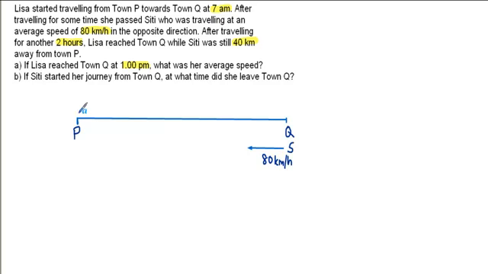S for Cici, L for Lisa, and Lisa started from town P at 7 a.m. At a certain point, Lisa passed Cici, so we shall call the point X.